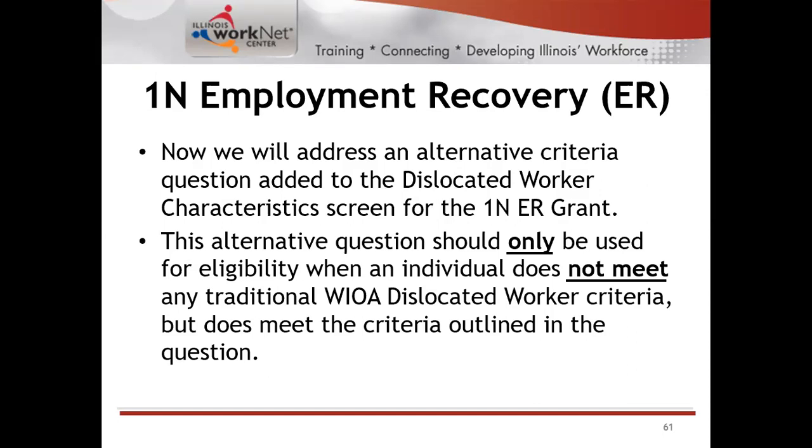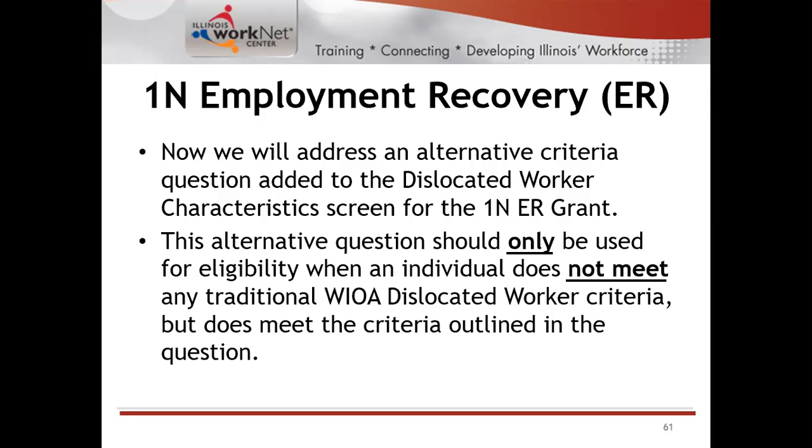Jim, if I could jump in for just a second, just to reiterate or stress that. Yeah, for two reasons in particular. First, data integrity: when we run reports, we would hope to see the vast majority of people enrolled in the disaster project meet dislocated worker criteria. There's not a requirement, but we would like to see that. The other thing is co-enrollment.